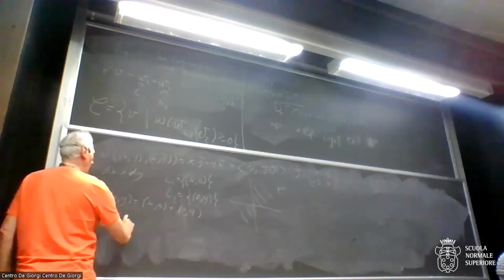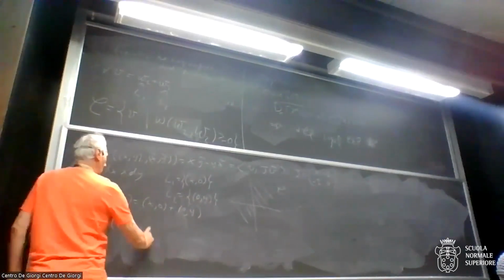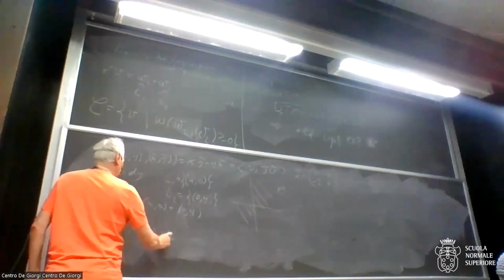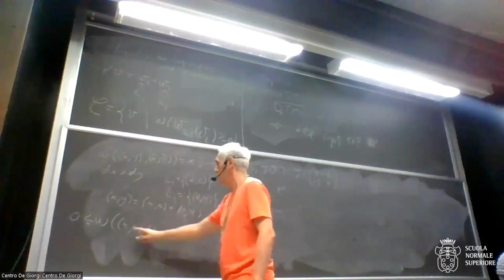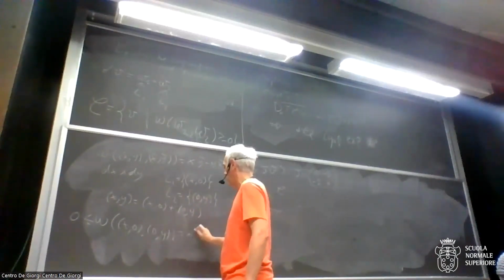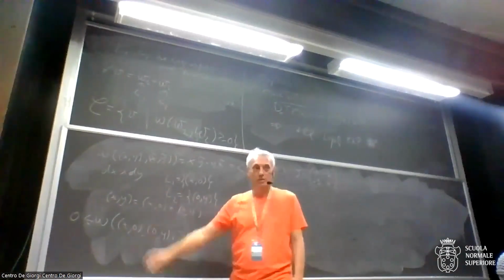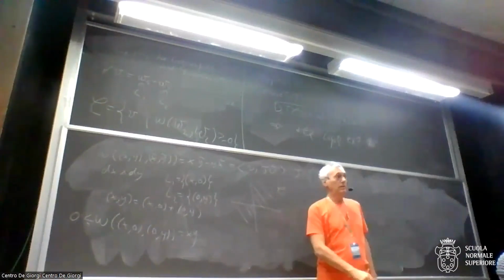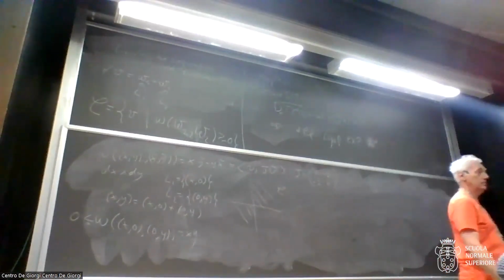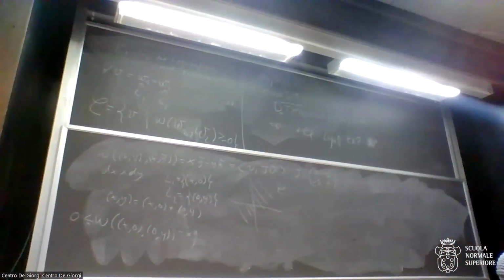And now you want to compute omega((x, 0), (0, y)), and this should be bigger or equal than 0. So this times that gives xy, and then this times that gives 0. So xy positive is exactly the first and the third quadrant.